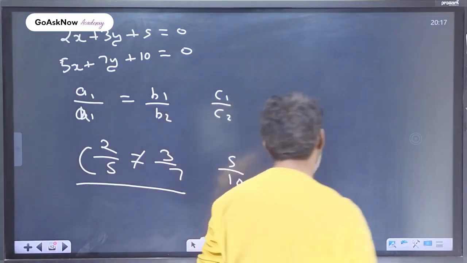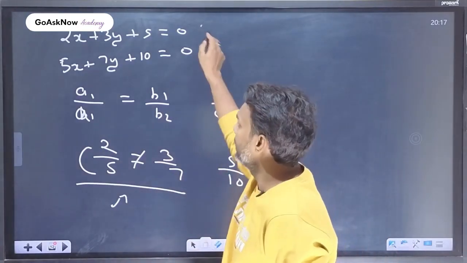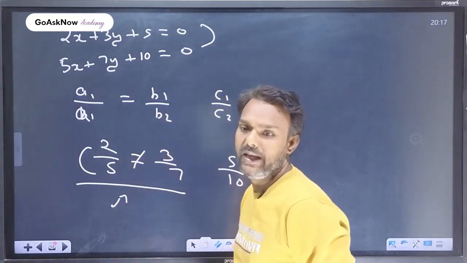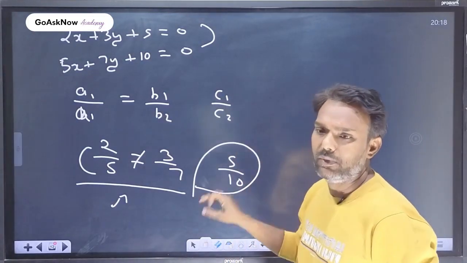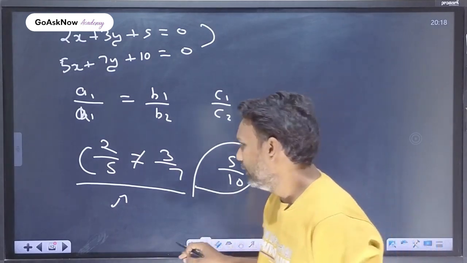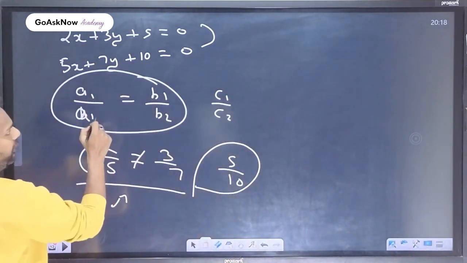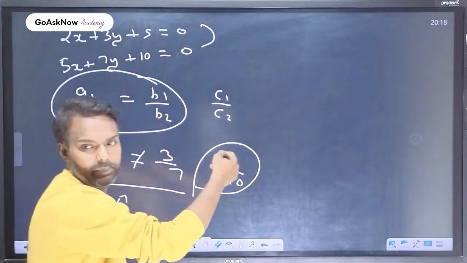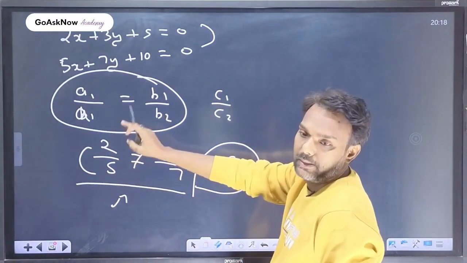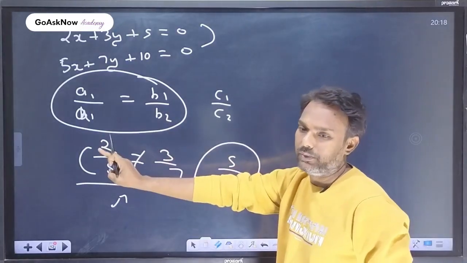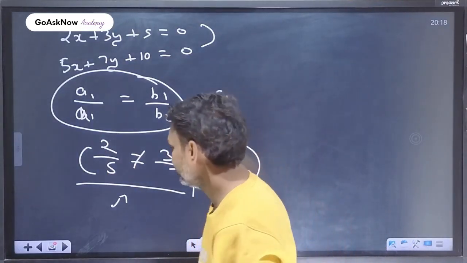Therefore, we will clearly say that it's a unique solution. We are not going to check the third ratio; either it is equal or not equal, it doesn't matter. If a1 upon a2 is not equal to b1 upon b2, this equation shows a consistent set with a unique solution, or graphically they show intersecting lines.